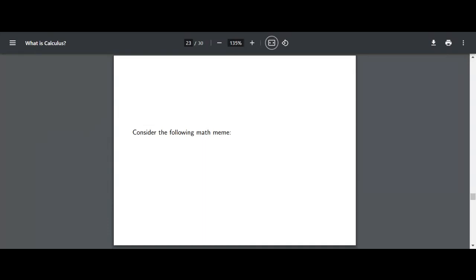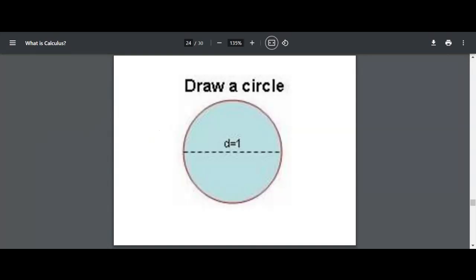So I'm going to look at another similar situation, and some of you may have seen it as well, if you're math geeks who like looking at math jokes. Okay, so here we're starting with a circle with a diameter of 1.